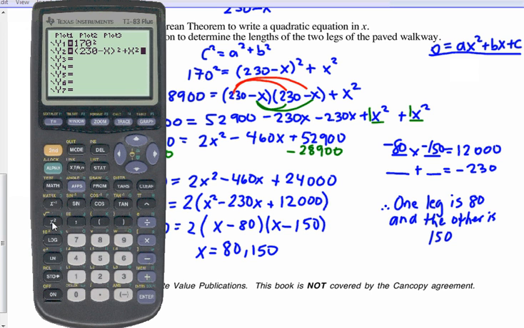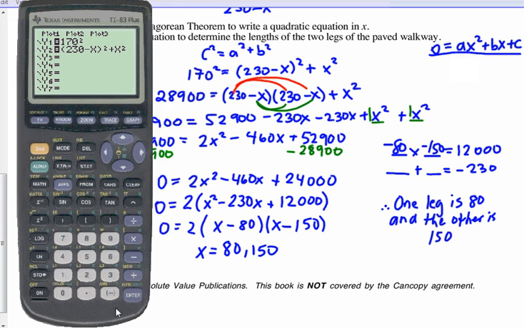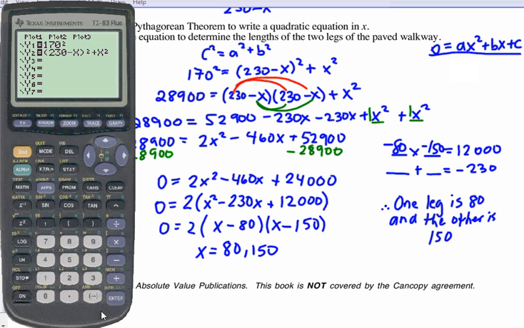Remember this 170 squared was 28,900. So we need to go really high in this function. Go by the millions, or at least by the 100,000s, right? Because if you graph this right off the bat, zoom 6, you won't see anything. So let's go to our window. You need to at least go to the 100,000s.